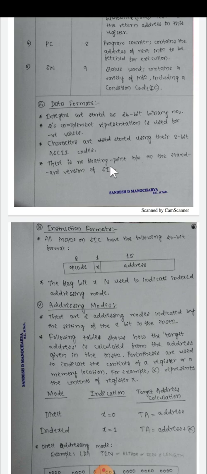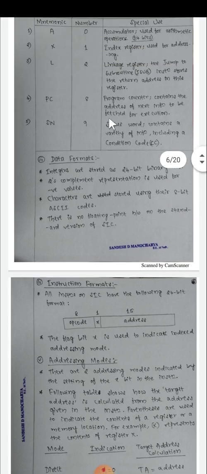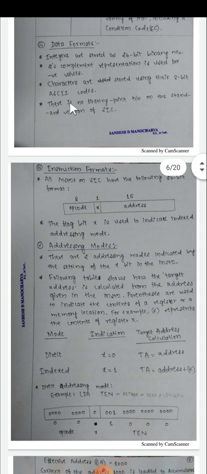If negative, 2's complement will be used, and integers will be stored in the form of 24-bit binary numbers, and characters in the form of 8-bit ASCII codes. But we cannot store floating point numbers because there is no floating point hardware on our standard SIC machine.